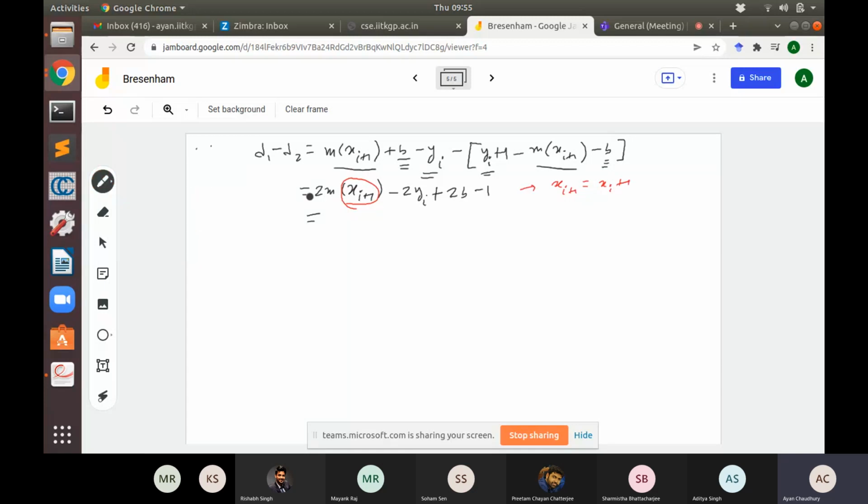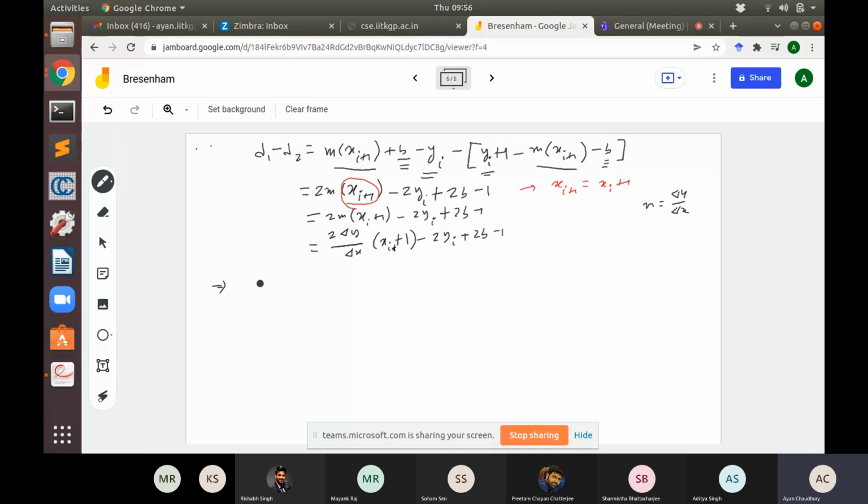So we just simply put here m xi plus 1 minus 2yi plus 2b minus 1. So we just replace m by delta. Okay, so what is m? M is equal to delta y by delta x, right? So basically we write 2 delta y by delta x xi plus 1, minus 2yi plus 2b minus 1.